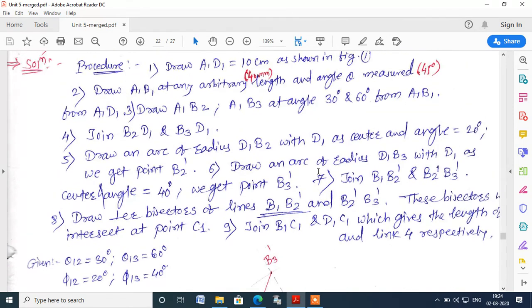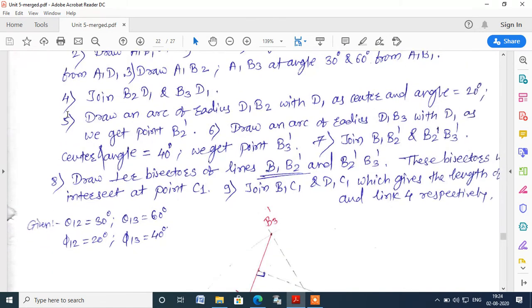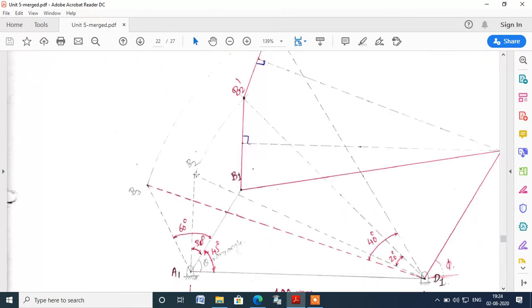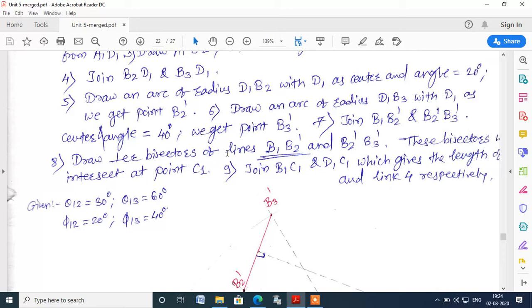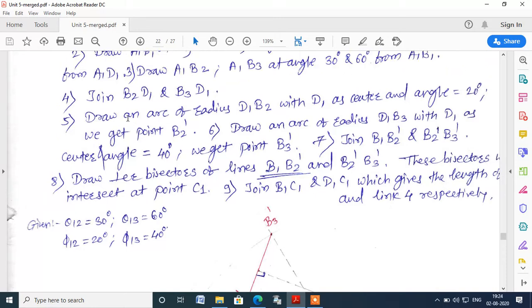Next, join B2 D1 and B3 D1. Here we got point B2 and point B3. So we have to join B2 with D1 with a dotted line and B3 with D1, again a dotted line. Then draw an arc of radius D1 B2 with D1 as a center, and with angle 20 degree we get point B2 dash.